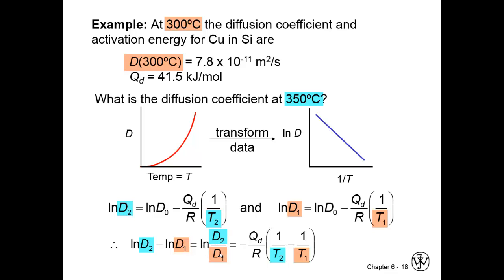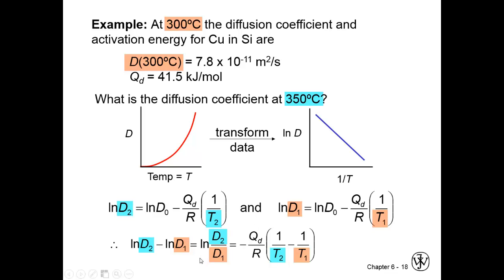Since these expressions both have natural log of the pre-exponential, and we're subtracting them from each other, that term is deleted. The negative QD over R is the same for both, so we end up with this expression.